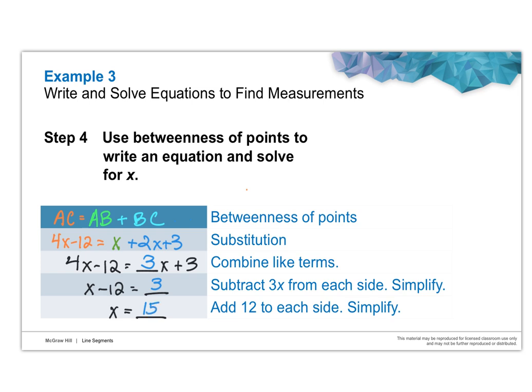When you get to the end of an algebra problem, it's tempting to think that you have your answer, but remember to go back to what they asked you to find. It said find the value of x and BC.